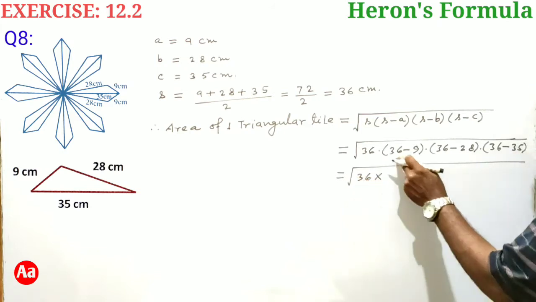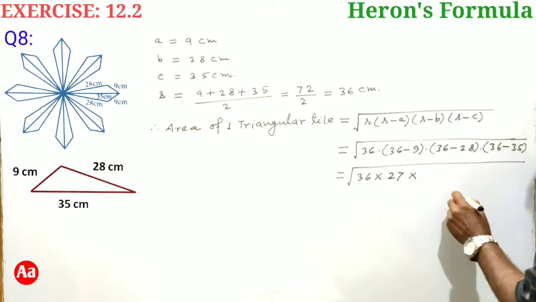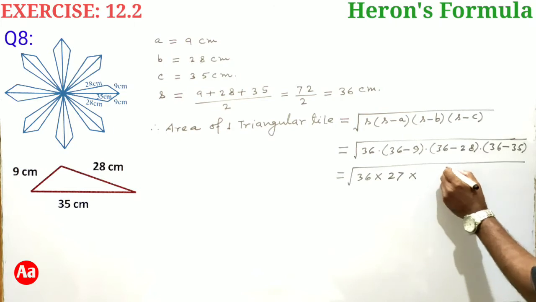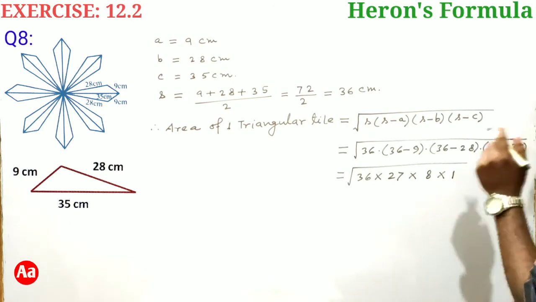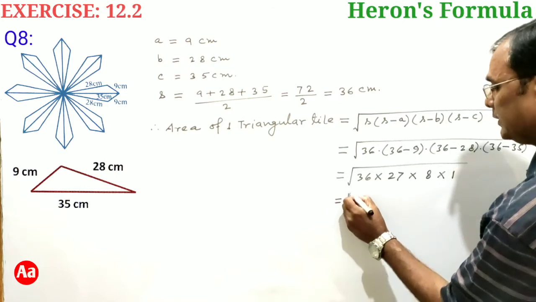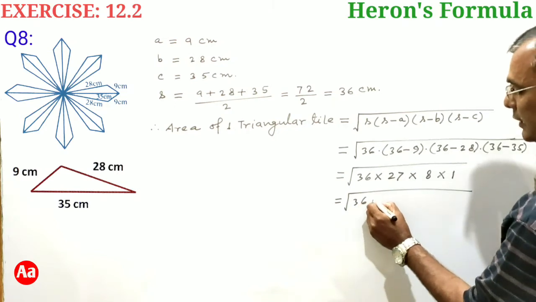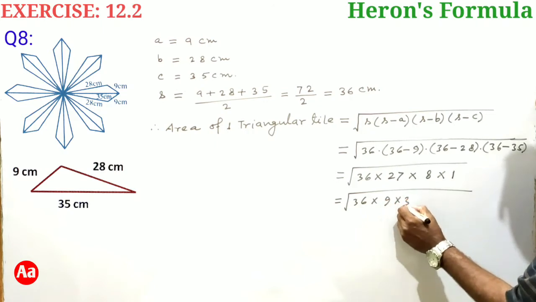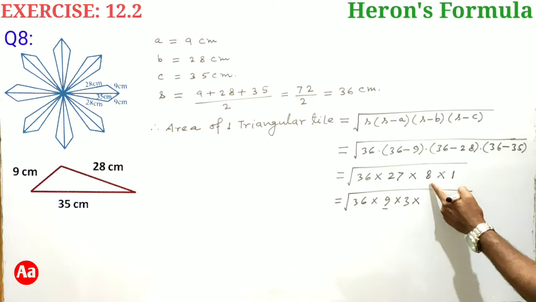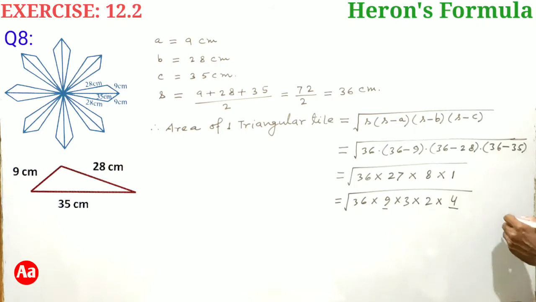That is 36 into 27 into 8 into 1. 36 is a perfect square number, so 36 as 36, 27 we are going to write 9 into 3, so 9 is a perfect square. 8, let's write 2 into 4, here 4 is a perfect square.